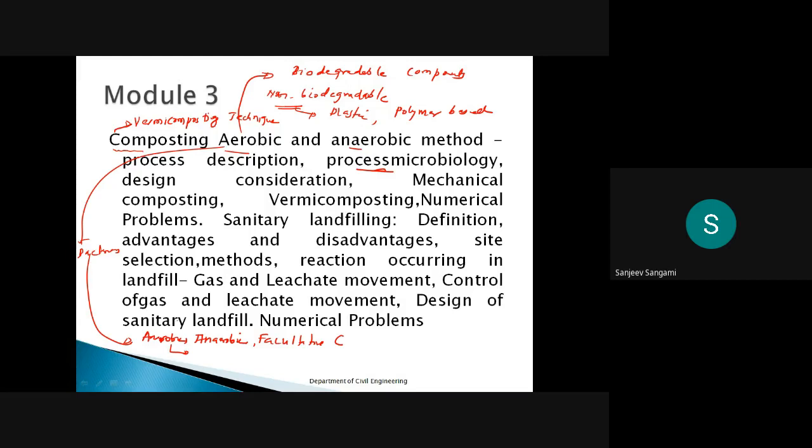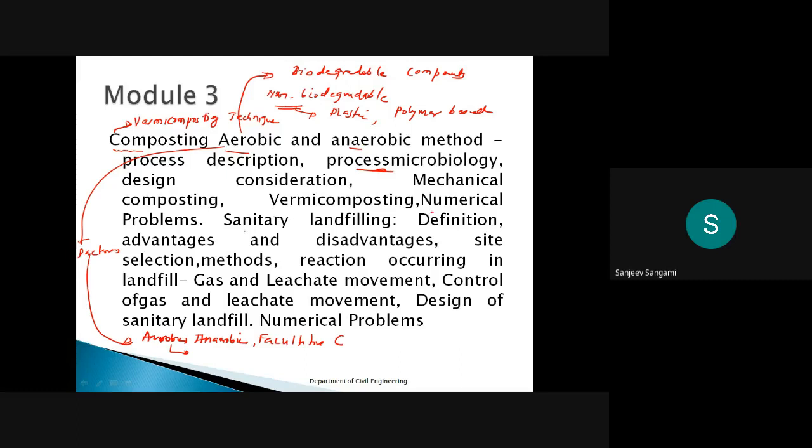So this process microbiology, what kind of bacteria are involved and what kind of microbiological activities are happening, we are going to discuss in this module. Then how a composting bin can be designed, and what the design considerations are. Then mechanical composting, vermicomposting, and some numerical problems also we'll discuss.